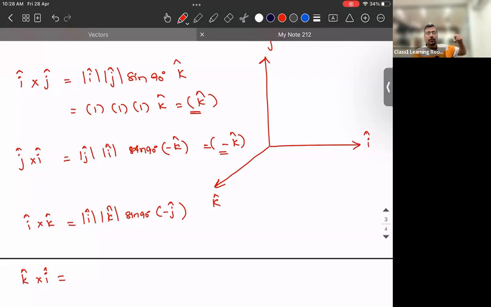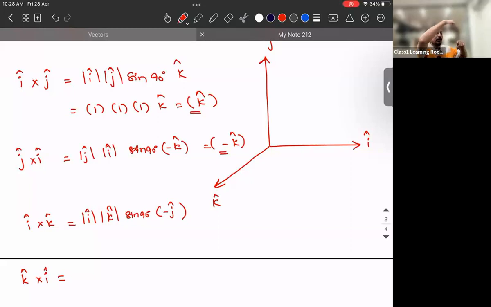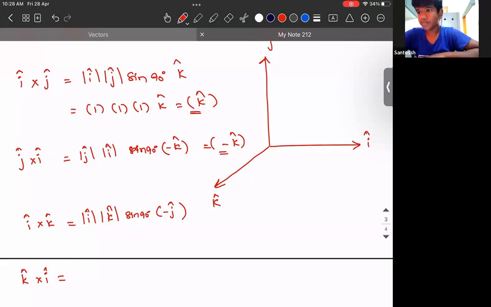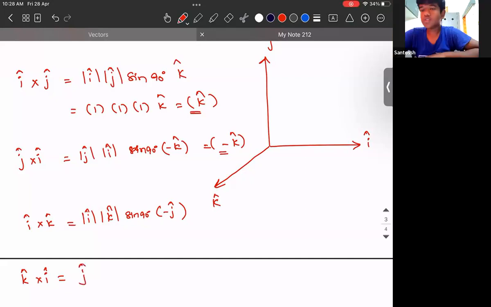K cap is like this towards you, I cap is like this. So K cross I means, when you see from the top, in which direction are you rotating? Anti-clockwise. So curl the fingers of your right hand in the anti-clockwise direction. The thumb will point in the upward direction. So the answer will be positive J cap.